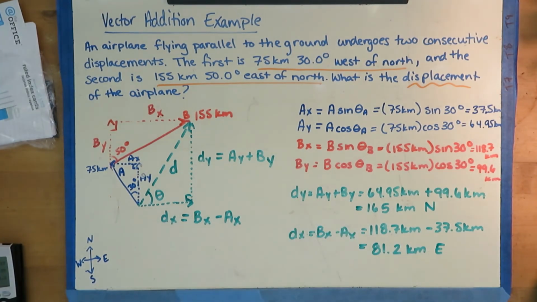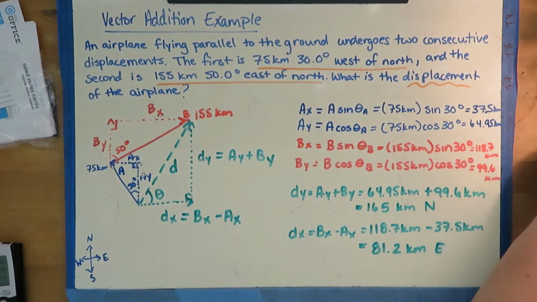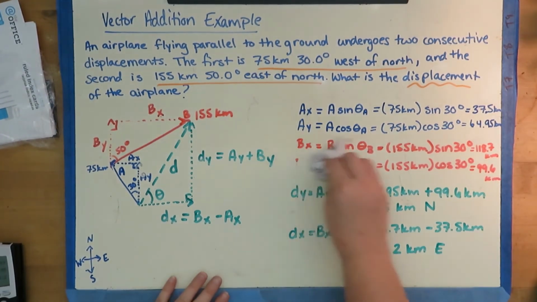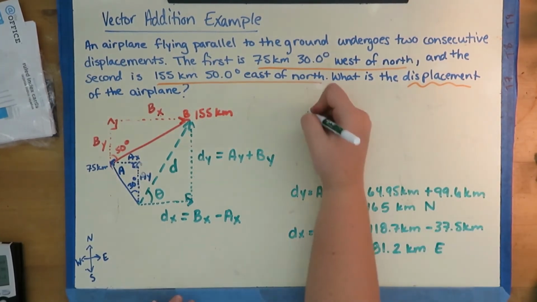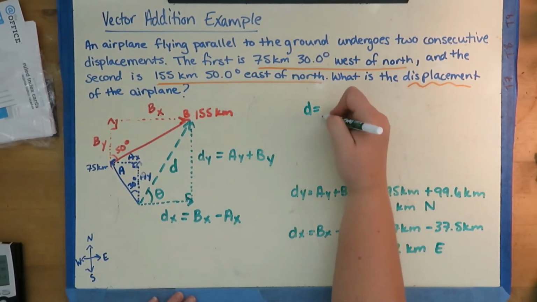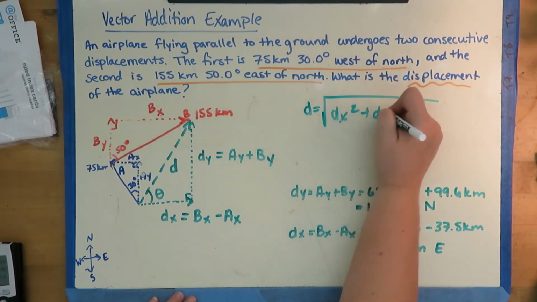But that's not actually what it's asking for. It's asking for the displacement. So that's going to be the whole thing together. So if I wanted to find my resultant displacement, it's going to be the square root of dx squared plus dy squared.